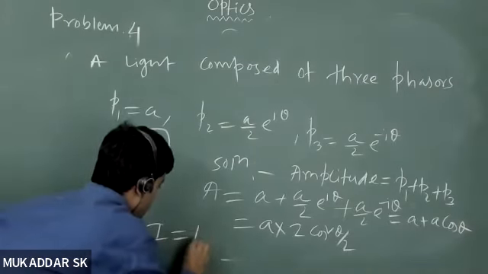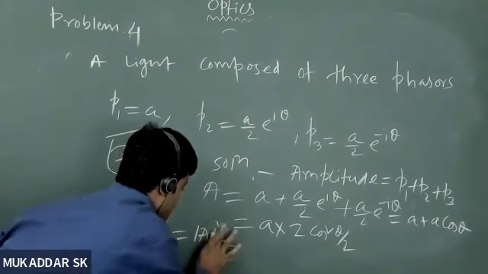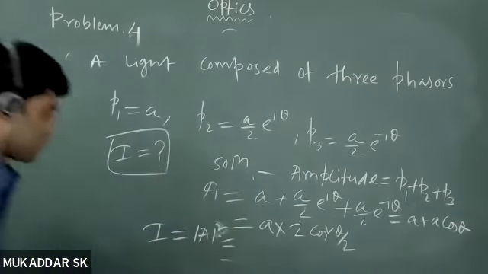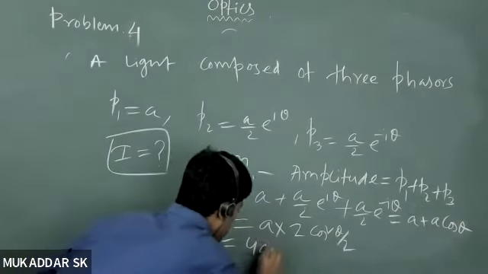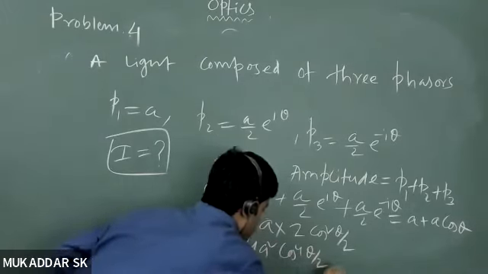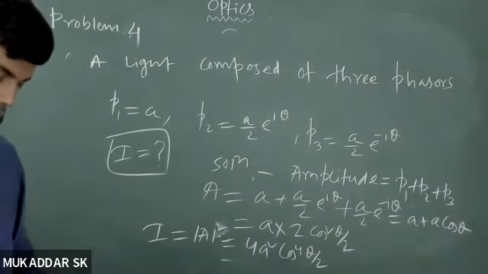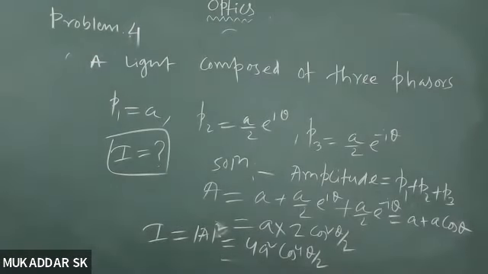Intensity is nothing but mod of A square, so basically it will be 4A square cosine to the power 4 theta by 2. Is this clear? Yes, sir.